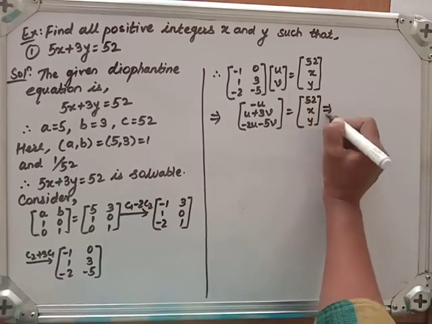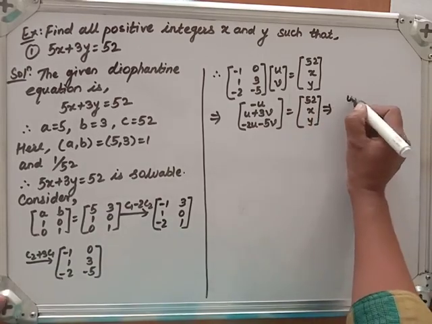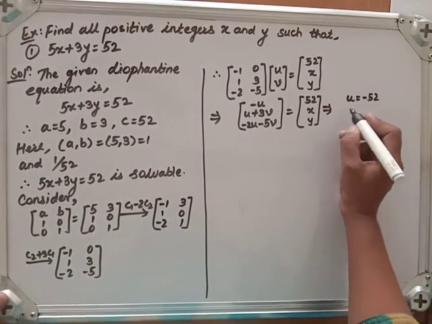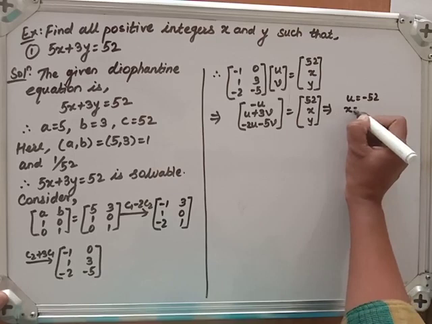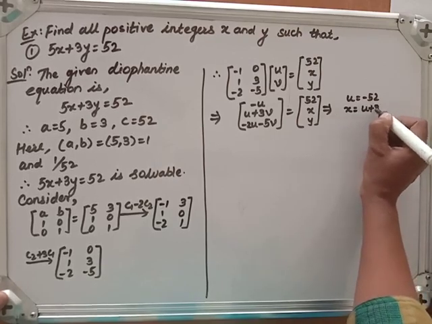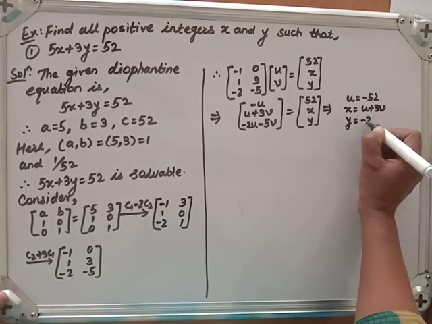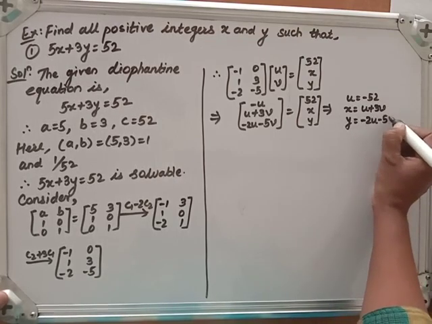So u equals minus 52, x equals u plus 3v and y equals minus 2u minus 5v.